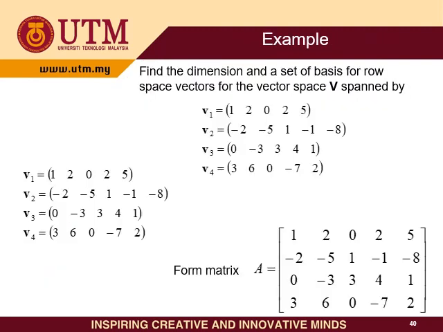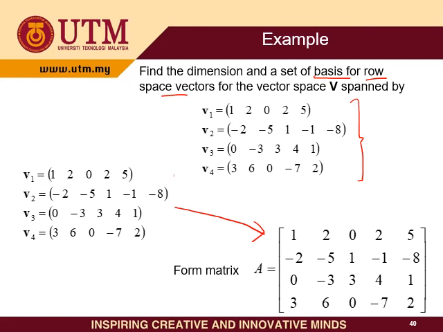Okay, let's look at our example. Find the dimension, rank, and set of bases for the row space V spanned by these four vectors here. Okay, as I mentioned before, the first thing we need to do is identify the 4 vectors, and then change the form into a matrix form.